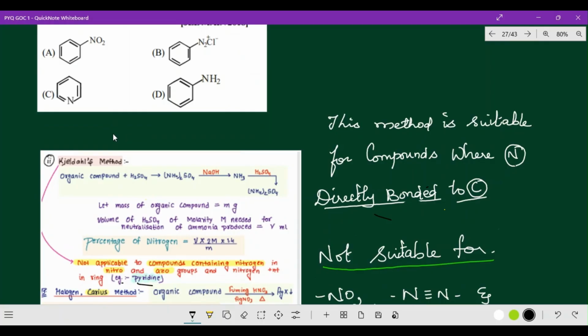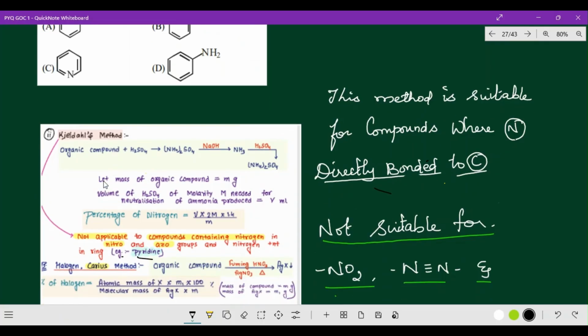For Kjeldahl's method, the compounds not applicable are those containing nitrogen in a nitro group, an azo group, and nitrogen present in the ring, that means pyridine. So these compounds will not be applicable for Kjeldahl nitrogen estimation.